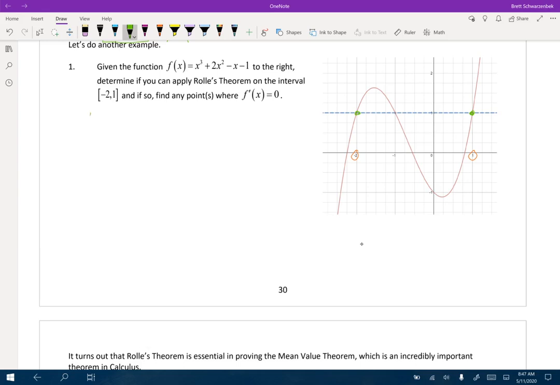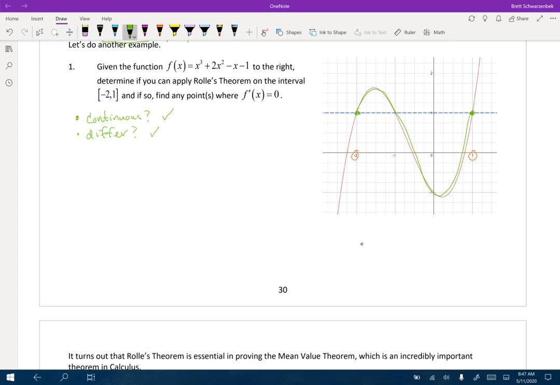Continuous. Well, yeah, it looks like if we follow the curve from start to finish, good. Differentiable, I'm just going to write differ, and you can do that if you want. That's good.